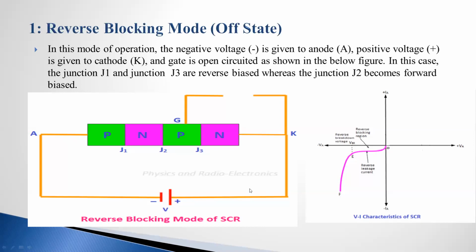Next, by increasing the reverse voltage across the switch more and more, at one particular voltage level the breakdown will occur. Breakdown means the thyristor will start conducting from cathode to anode.